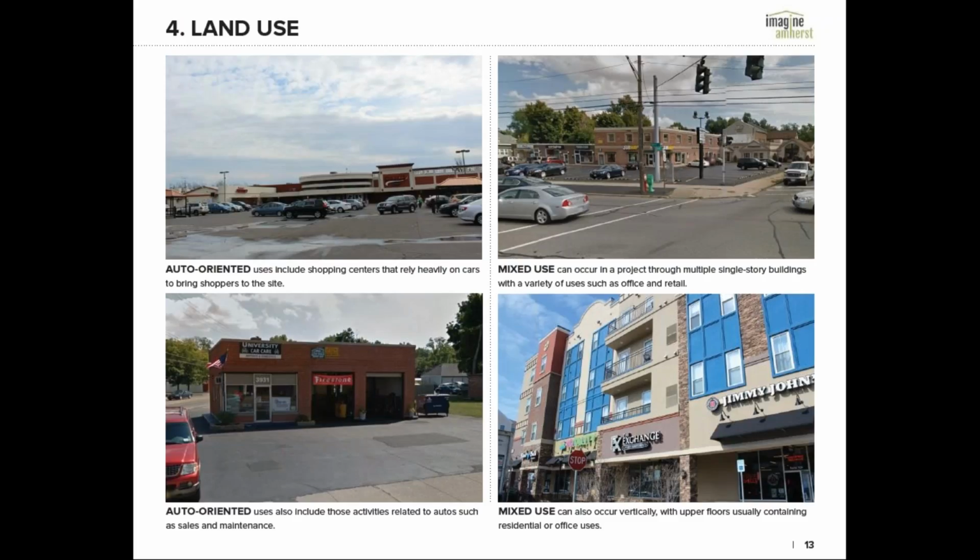One of the final ideas that we're talking about in terms of these sites is the land use itself. And the use here, we're not picking necessarily on a specific individual use, but on a general category of uses.